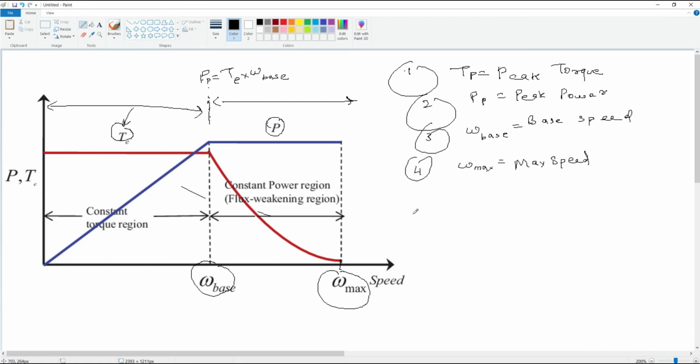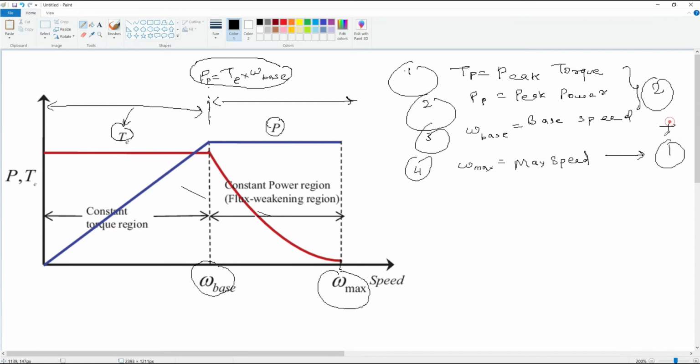So there are four quantities which can characterize this curve, but out of these you can see there is this relation: peak power is equals to peak torque times base speed. So we only need two out of these three variables and one of these.